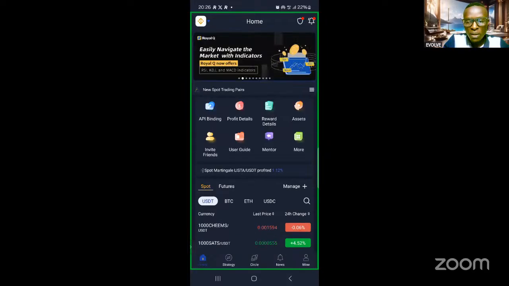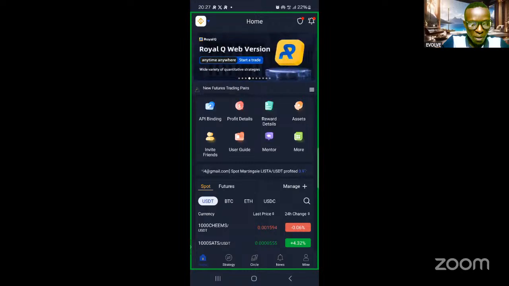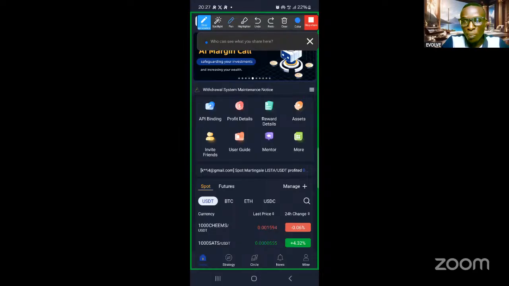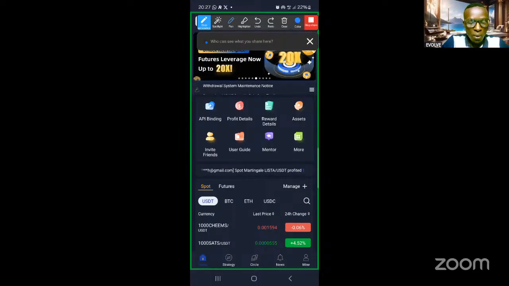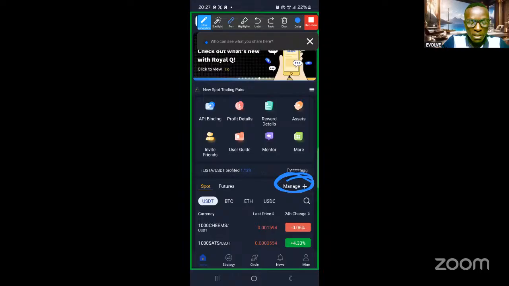One thing I need you to do, in case you are searching for certain coins and you are not seeing them: when your Royalq is new, or sometimes when they update, they add new pairs. So you can go ahead and tap on this cap symbol here, manage plus.